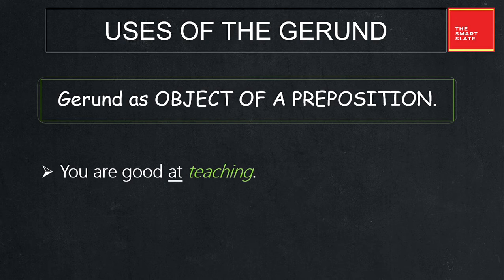At teaching. Your subject is you, because the doer is you. And what activity is happening, that is teaching. If you ask the question, what are you good at, you get the answer teaching. So teaching is your object, and the preposition here is at. So the gerund as object of the preposition at is teaching.